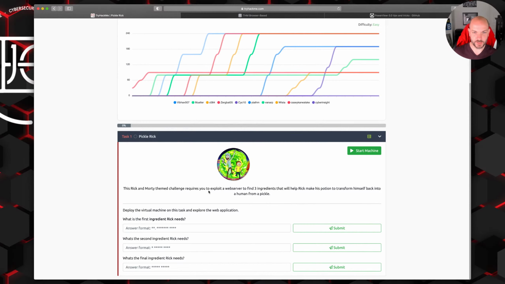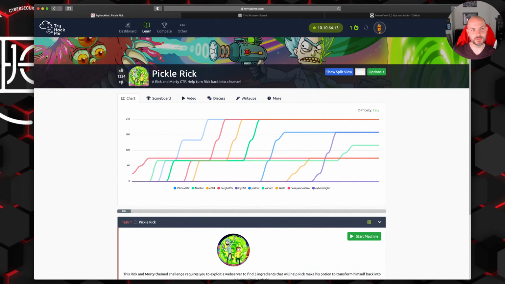Rick and Morty theme challenge: exploit a web server and find three ingredients that will help Rick make his potion to transform himself back into a human from a pickle. I mean, yeah, doesn't sound like a good situation. Okay, that's cool. I think once I get done with these Pentest Plus rooms, I'm going to look at doing some of the other ones, because I think this is a fun way to do some streaming content.